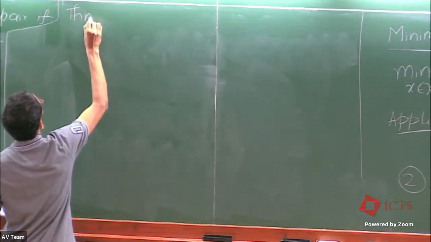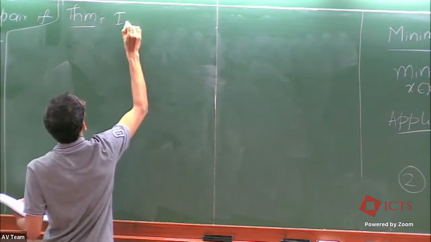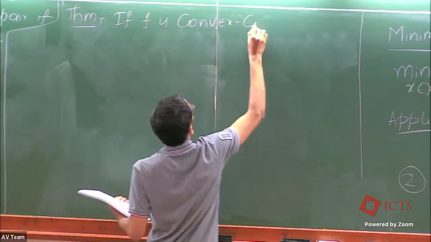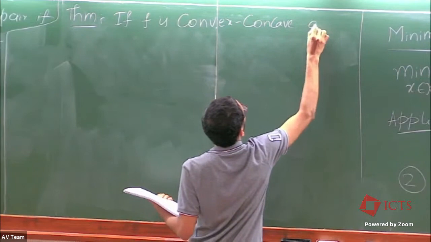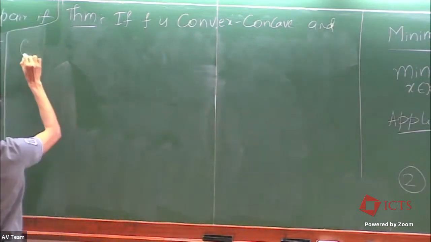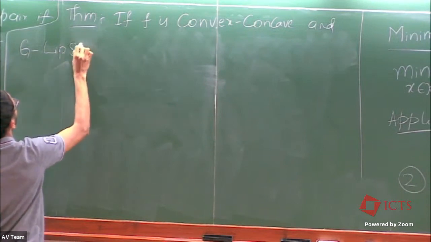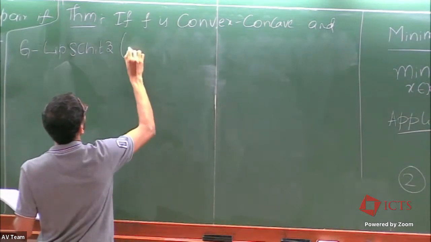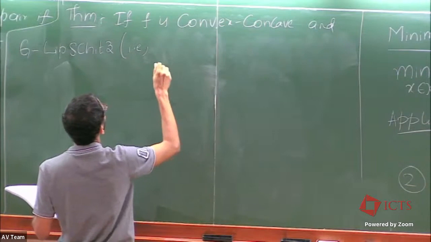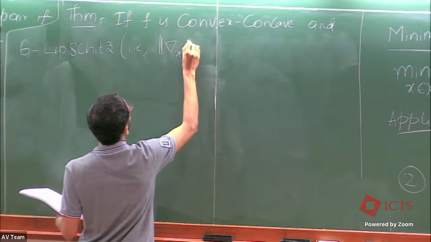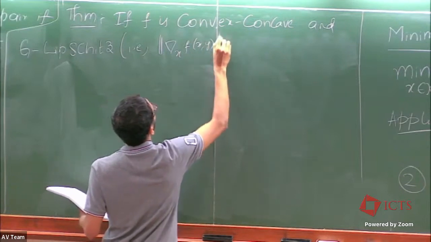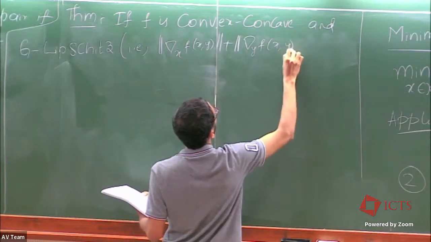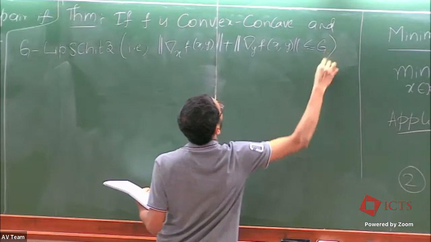So the theorem that I want to prove is the following. If F is convex concave and G Lipschitz. Here G Lipschitz means the gradient norms are bounded.